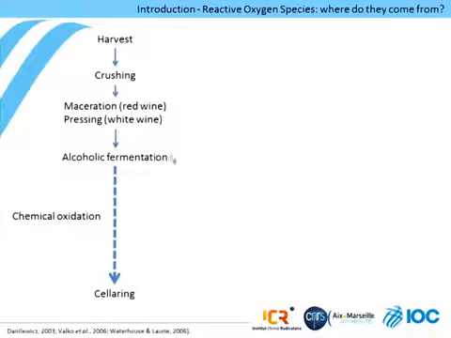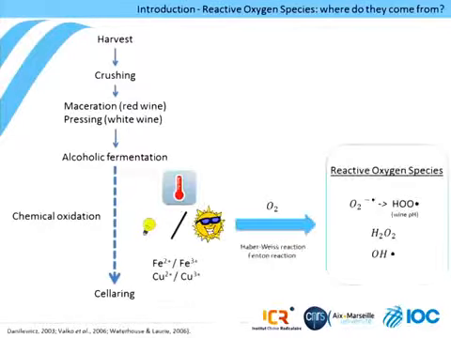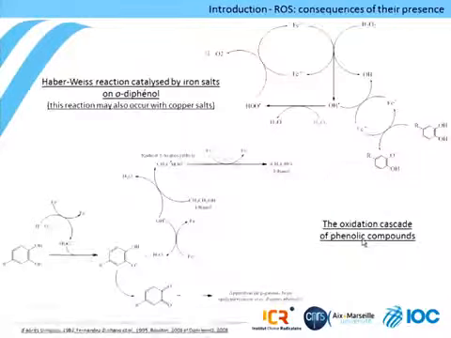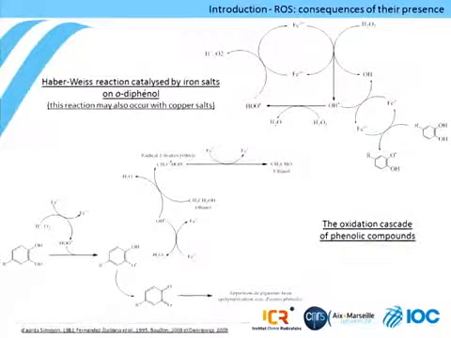What we see here are a number of phases of vinification. We see that from the very alcoholic fermentation down to cellaring, there are chemical oxidation phenomena which occur, and they include a mediation on the part of temperature and light, be it natural or artificial, plus the presence of metals and oxygen in the solution. This leads to reactions, including the Haber-Weiss reaction and Fenton reaction, which form reactive oxygen species, O2 giving rise to HOO or the others.